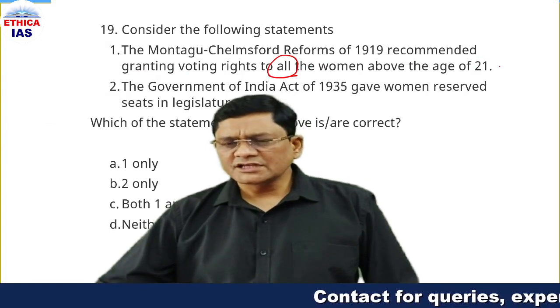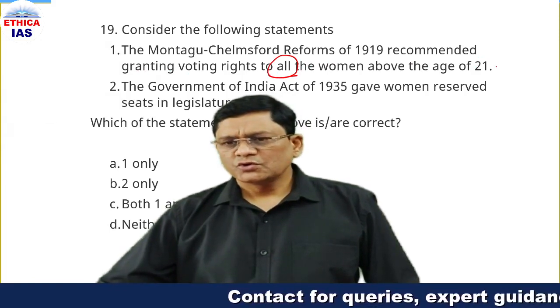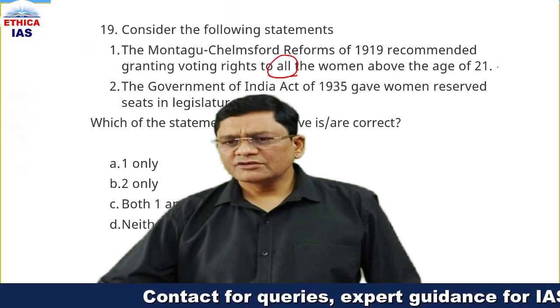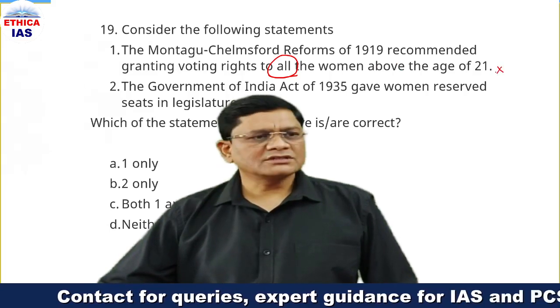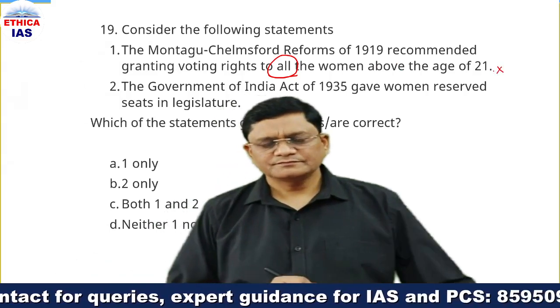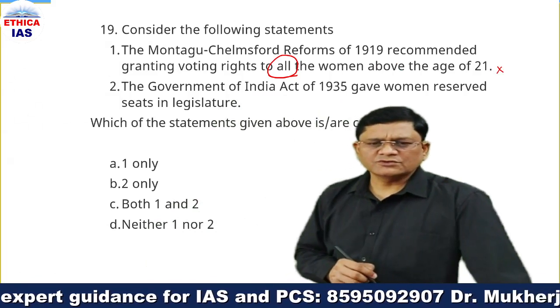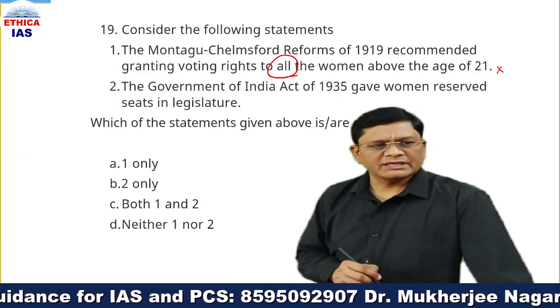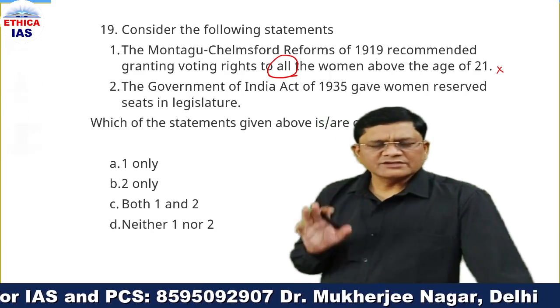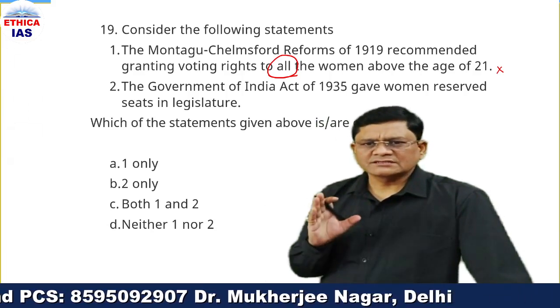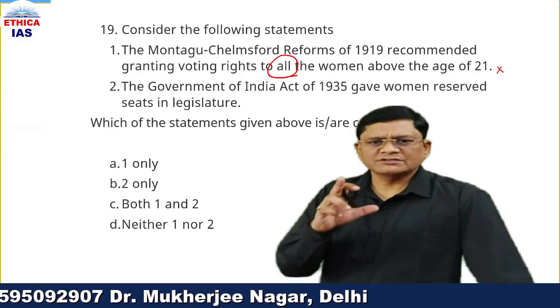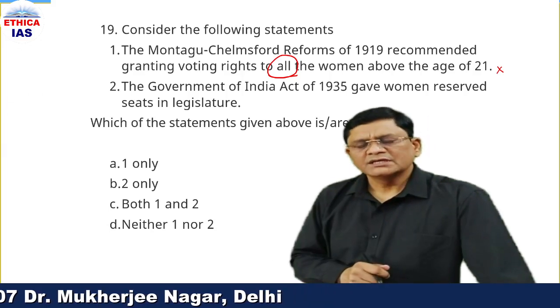There were certain limitations over these rights. Therefore, the answer is not correct. The statement is not correct because it was not related to all women. No doubt, right was given in Act 1919, which was based on Montagu reform.